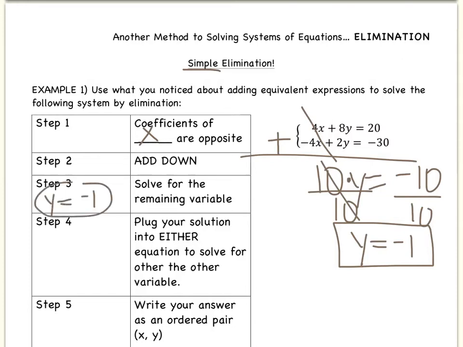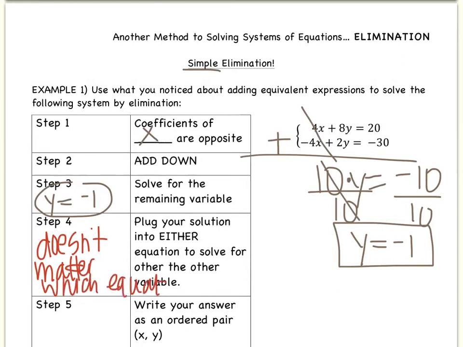Now I need to plug my solution of y equals negative 1 into either equation. I see the top equation has all positive numbers. I kind of get scared with negative numbers, so I'm going to use the top one. At this point, it doesn't matter which one you use. If the person next to you uses the second equation, that's fine.